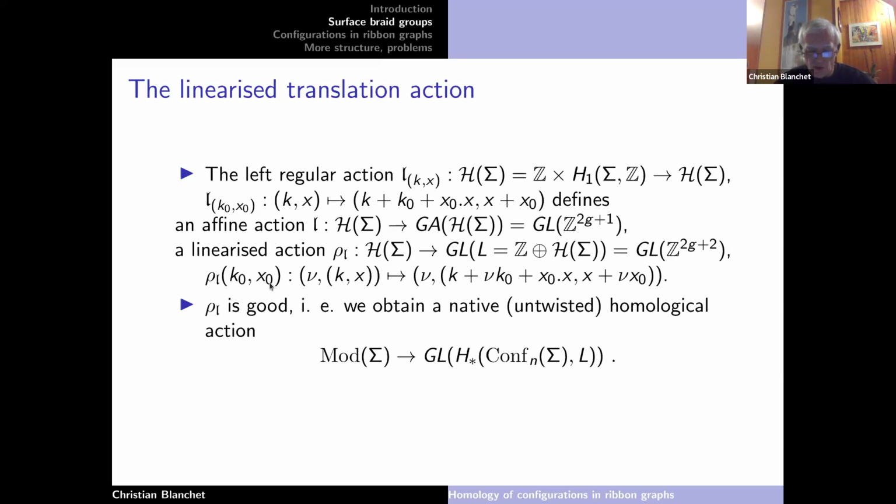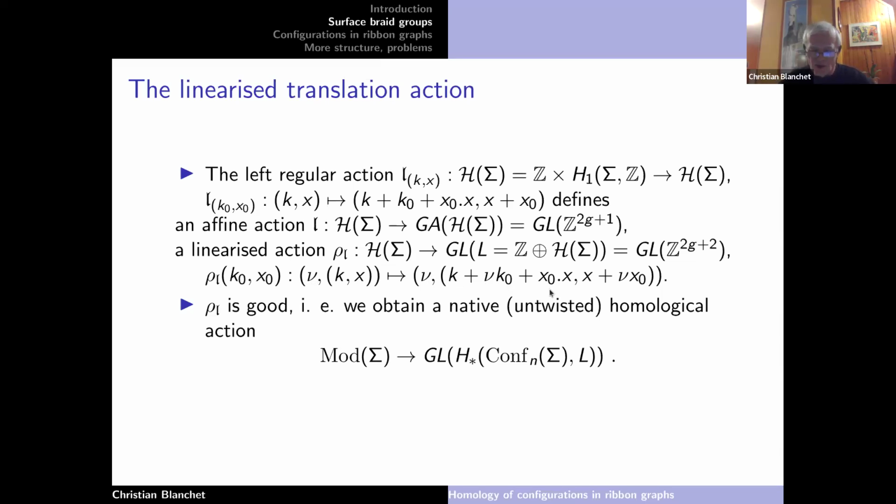And the formula is given here. This linearized translation action sends the extra parameter nu, comma (k, x), to nu, k plus nu k0. So we make it linear by using nu.